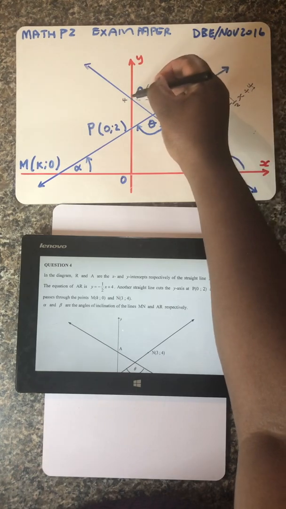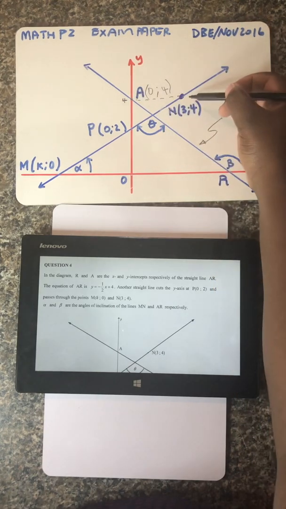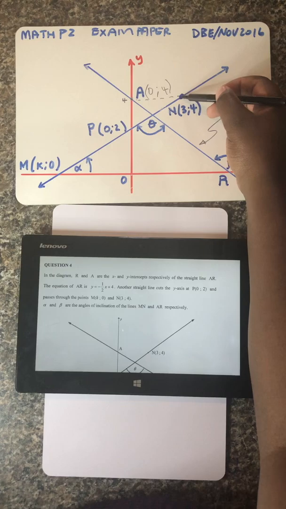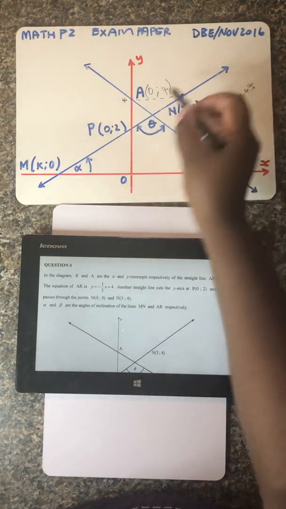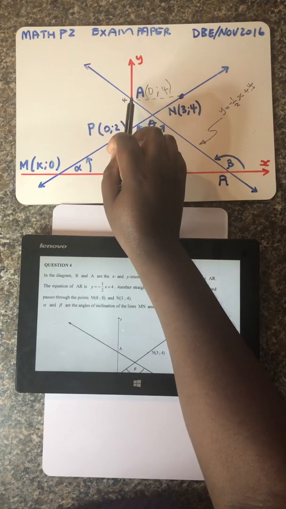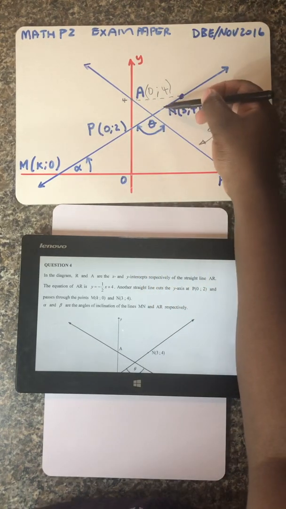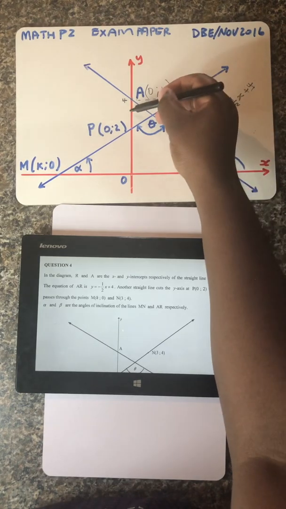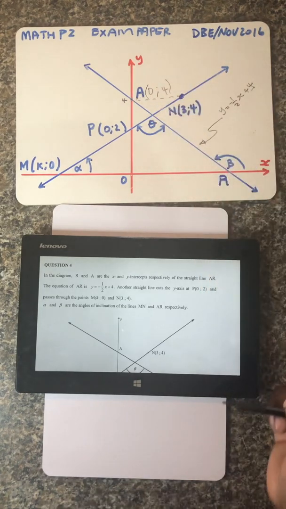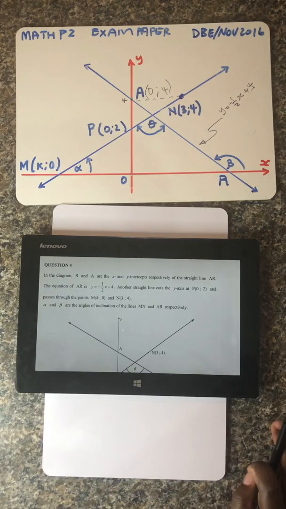So if that point is 4, then the y coordinate of this straight line has to align with that 4. It has to be on the same level. Okay, so that means somewhere at that point, maybe the y value is 3.